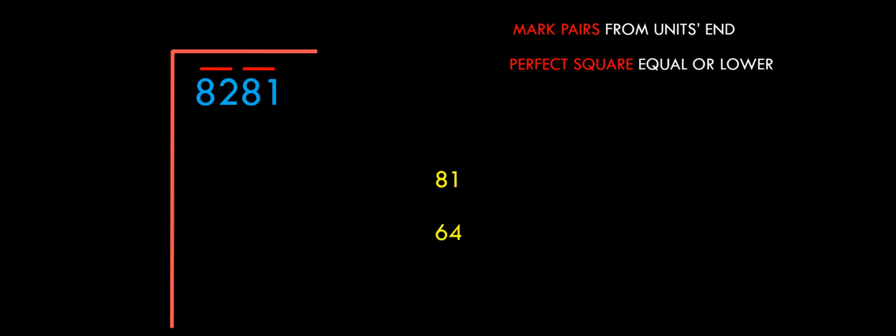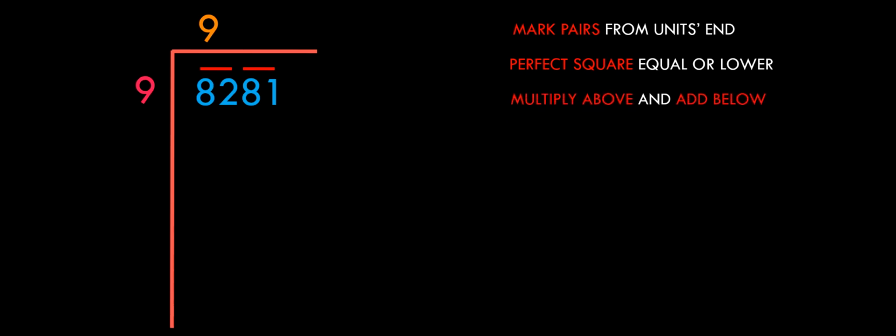It can be 64 also, but 81 is closer to 82 than 64 is, so we will consider taking 81. 81 is 9 square. So we will write 9 at the top and at the left side of the question as shown.